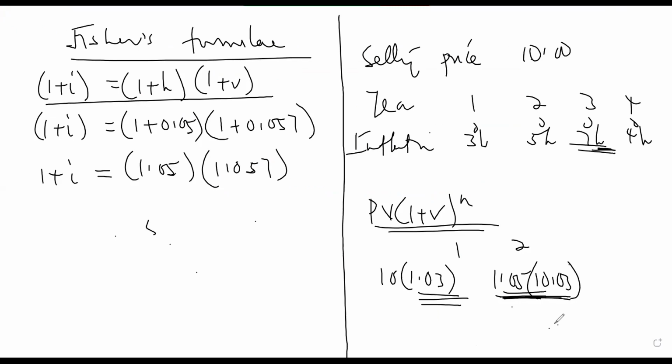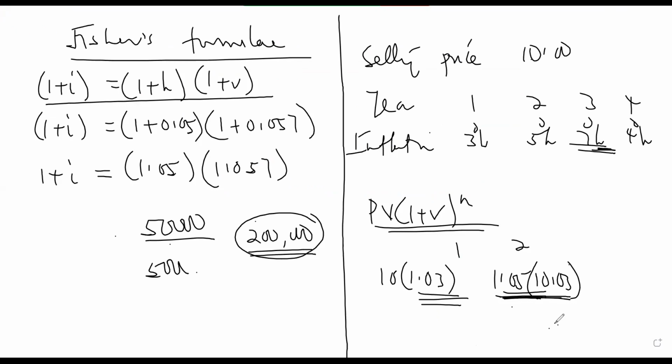if you are currently buying fuel for 50,000 Ghana cedis every month, and you decide to buy a new engine that costs 200,000. If you replace your engine by buying a new engine of 200,000, this engine will make you buy fuel of only 5,000 every month.